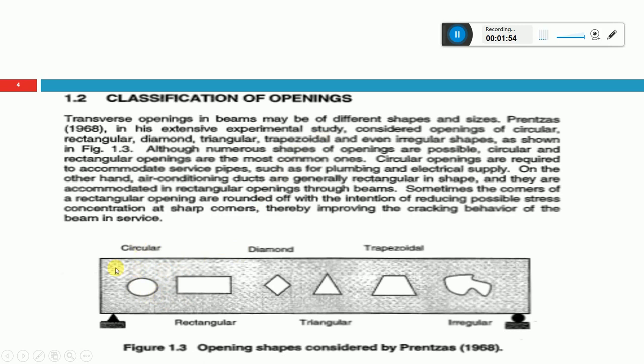Circular and rectangular are the two types of openings which are more common in beams, because it is easy to pass duct pipes, circular sleeves, some pipelines, and also wires through the beam.